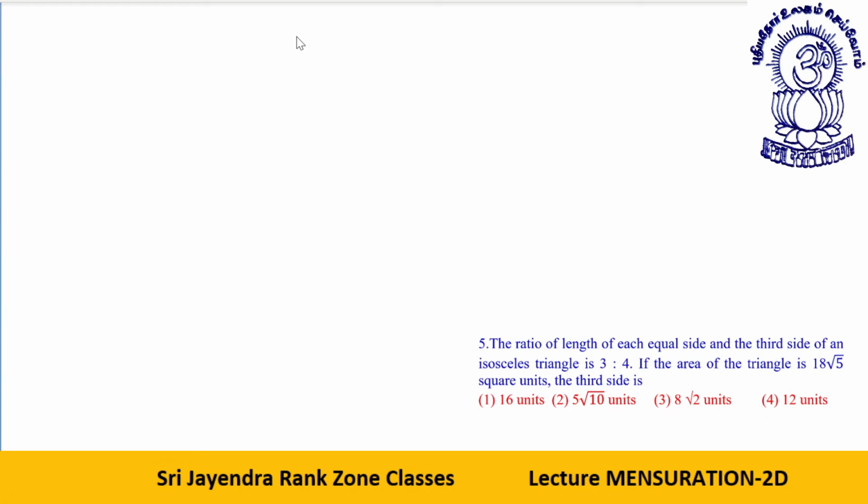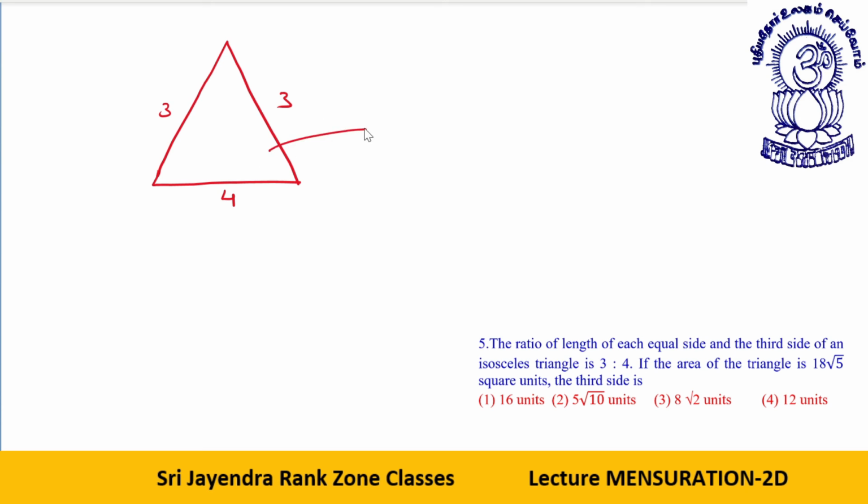The ratio of the length of each equal side to the third side of an isosceles triangle is 3 to 4. Okay, see, this is 3, this is 3, and this is 4.